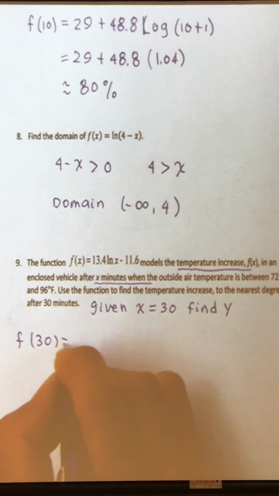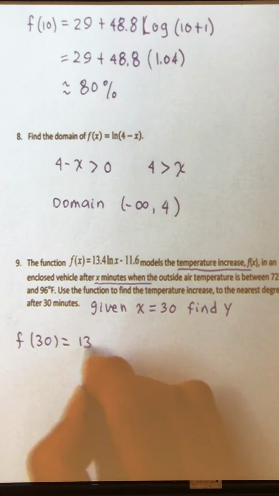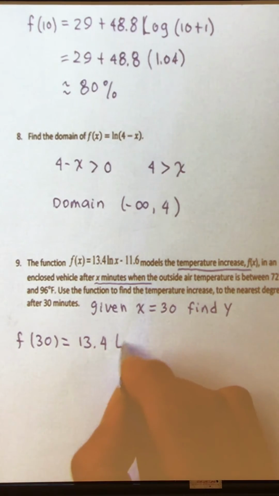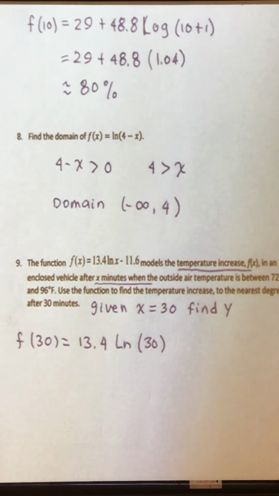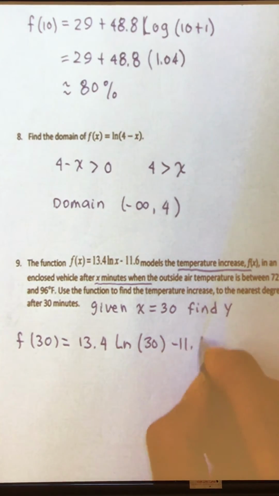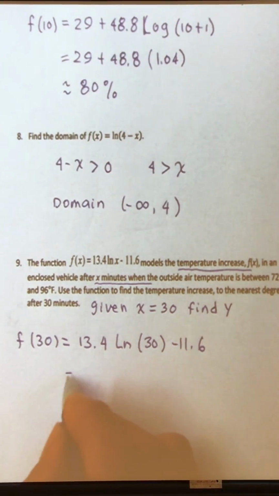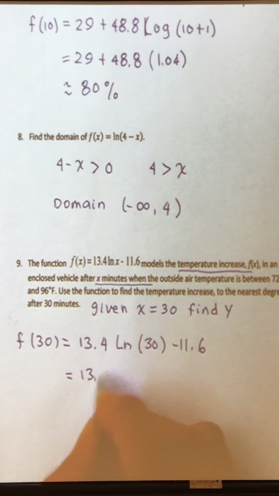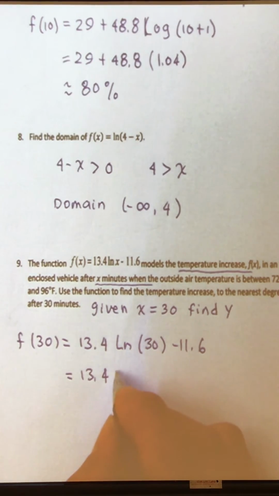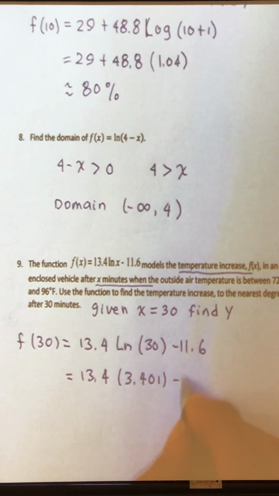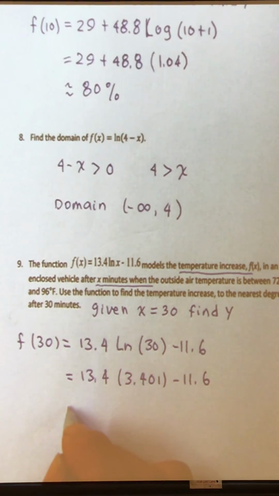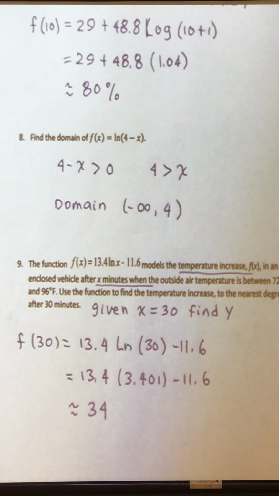F of 30 will be 13.4 times the log of 30, and then minus 11.6. So that will give us 13.4 times the log of 30, which is approximately 3.401, minus 11.6, and we get approximately 34.